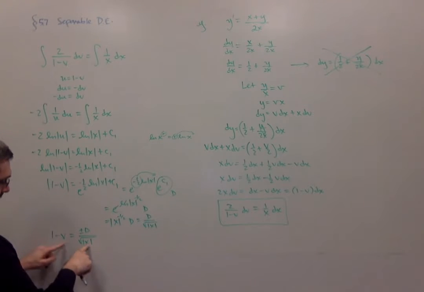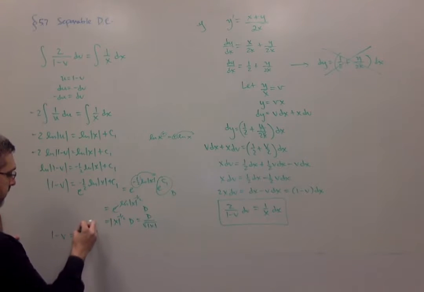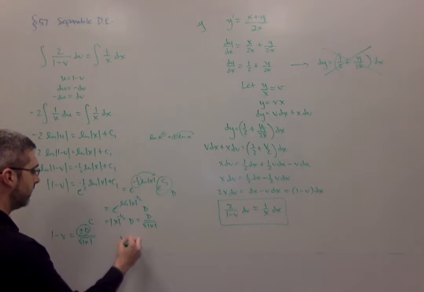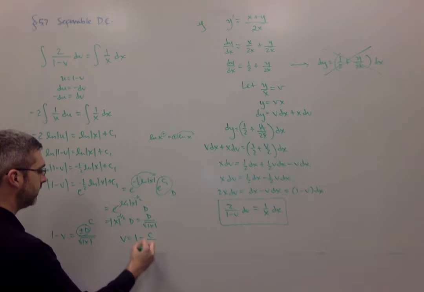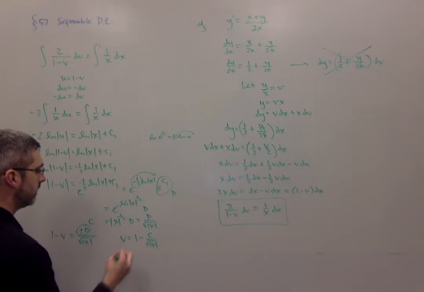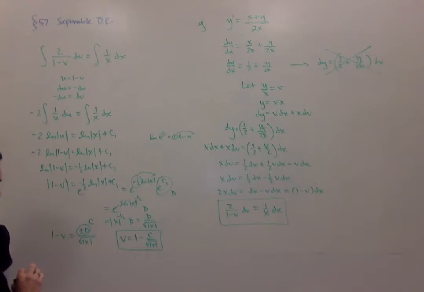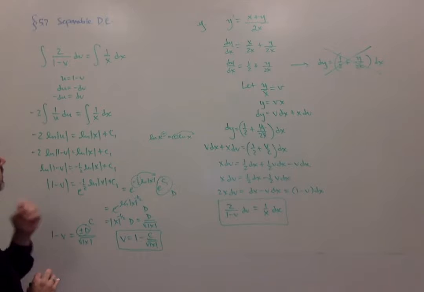And then if we switch these, we can call that plus or minus d a c, and we can switch these. So v ends up being 1 minus c over the square root of absolute value of x. All right? So that's our equation solved for v.